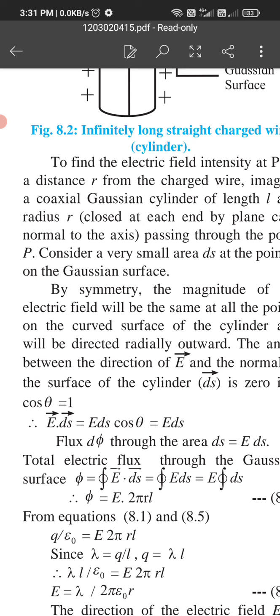From the first equation, phi is equal to Q upon epsilon naught, and phi is equal to E into 2 pi r l. So Q upon epsilon naught is equal to E into 2 pi r l. Since lambda is equal to Q upon l, Q is equal to lambda l. Substituting, lambda l upon epsilon naught is equal to E into 2 pi r l. So, l gets cancelled, E is equal to lambda upon 2 pi epsilon naught r.